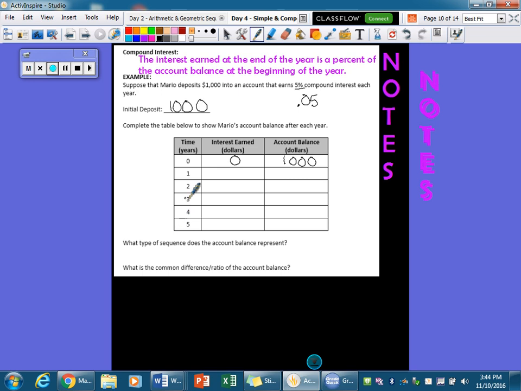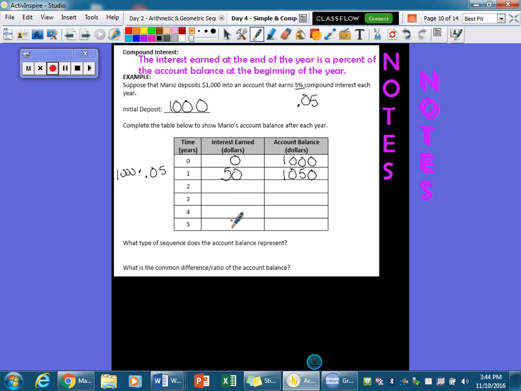Now, what we do is we take what we have and we multiply it by 0.05. So it's just going to be 1,000 times 0.05. And that just gives me 50, which is what we did in the last one. So the first two are going to be the same. 50 plus 1,000 is 1,050.